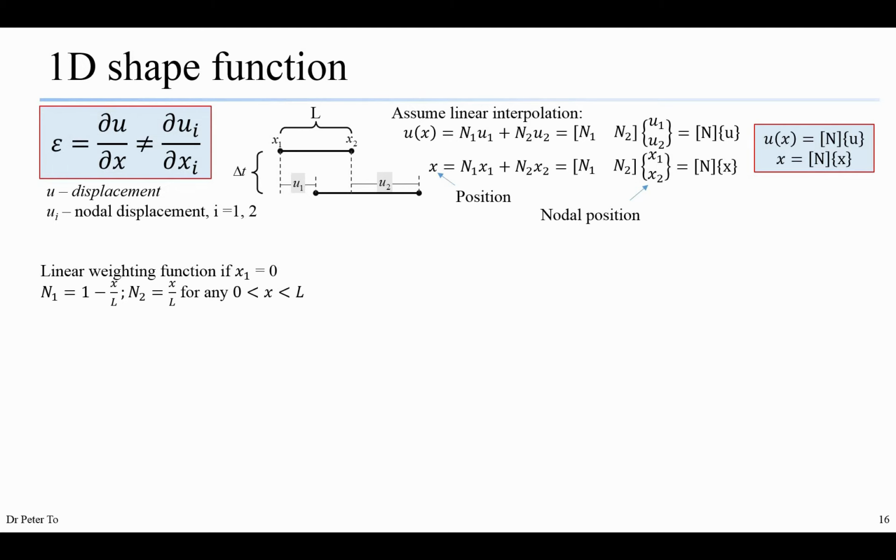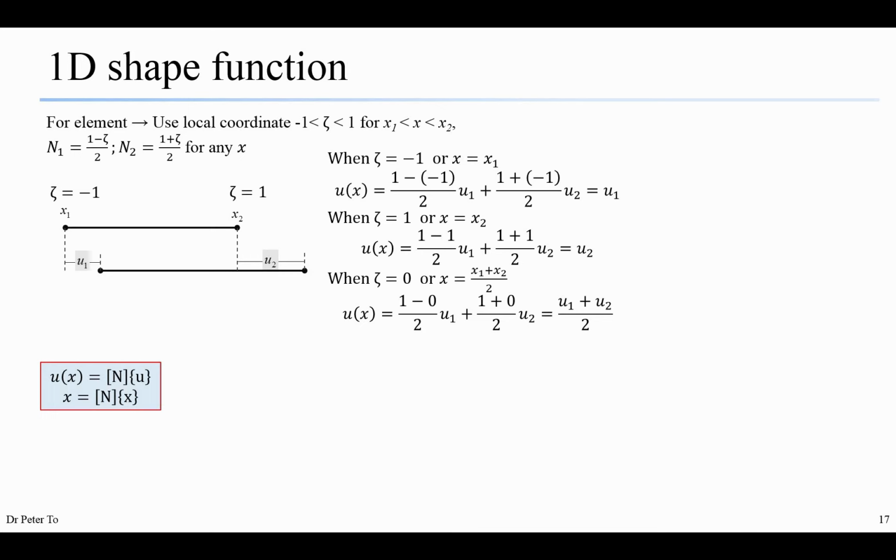And I can check it with any position of zeta, the local coordinate. In conclusion, we have u(x) equal to the matrix N times the vector u, and the position x equal to the matrix N times the nodal vector x.